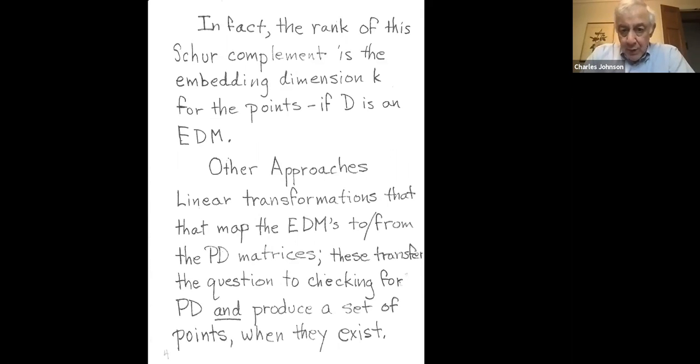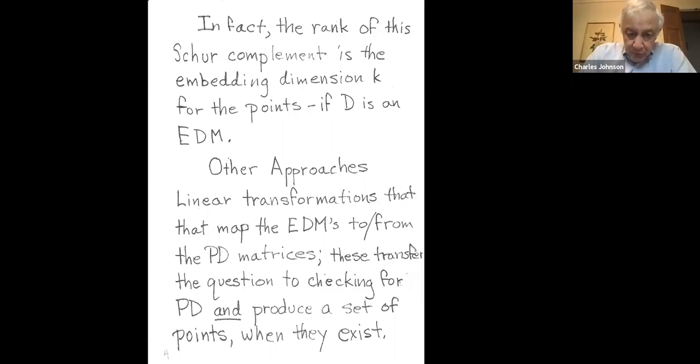Now, there are other approaches to recognition, some of them Monique mentioned, but from an algebraic point of view, it's also possible to look at a certain kind of linear transformation that necessarily maps the Euclidean distance matrices to and back from the positive semidefinite matrices. I won't go into this in any detail because I'm not going to use it in this talk, but there's another way of looking at this.